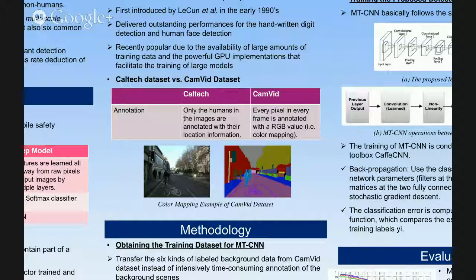As you can see here, in the example, the human is actually labeled blue, and the building is red, and the tree is kind of brown.